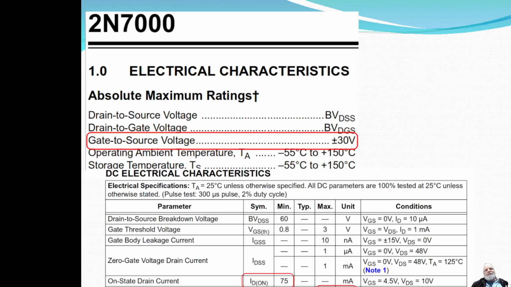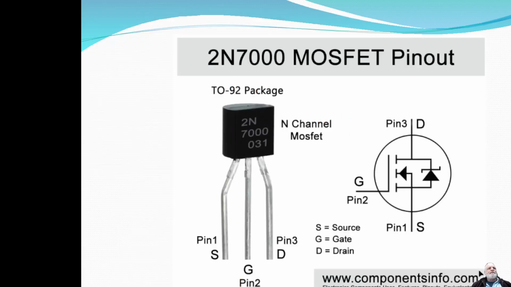This is drain to source, so you need to know what the drain to source voltage is for that particular circuit. They're telling you it's about 5 ohms resistance in that on state, so you can easily calculate what the voltage drop would be based on your voltage and your load resistor.